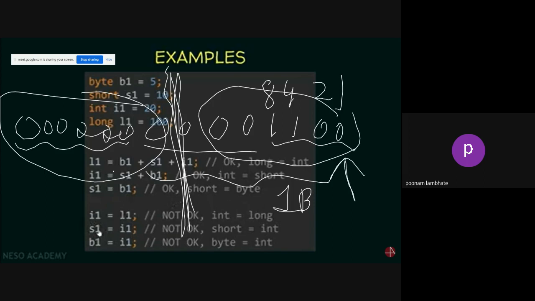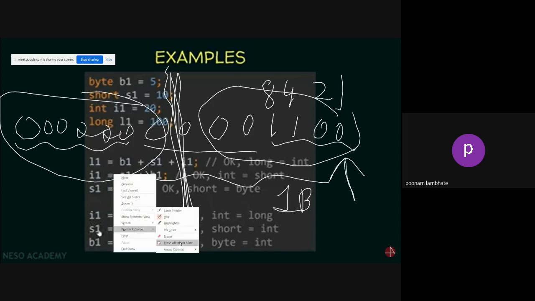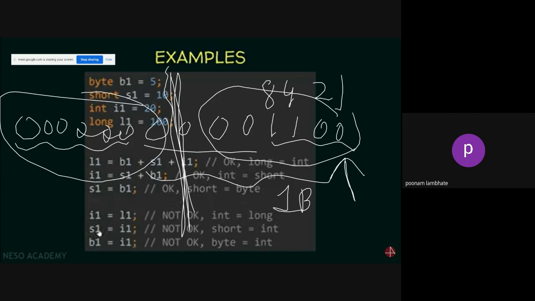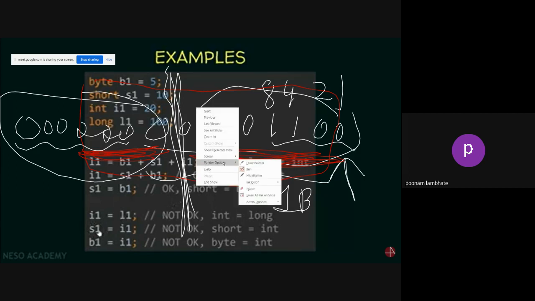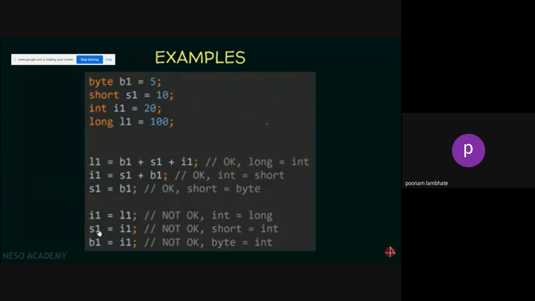But suppose the value is big, occupying this much size. Then suppose this is in one part, this is in another part, then it will not be correct because it will not be 12 as a whole. So you cannot divide the value like that. You cannot store it half in different variables. Is it clear?